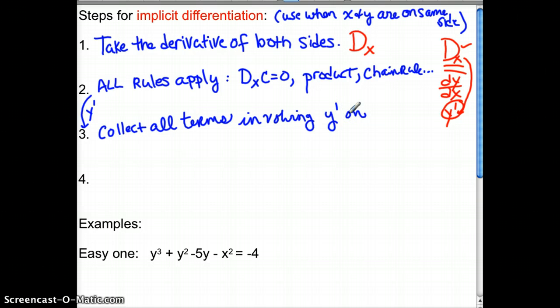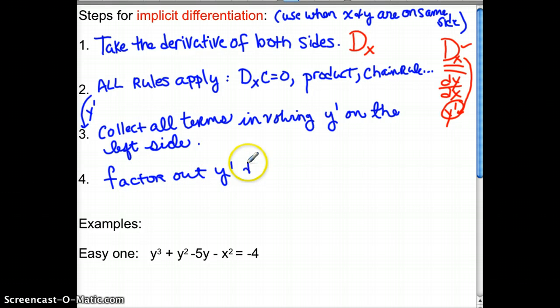I would tell you to do it on the left-hand side of the equation, just to have a system. And step 4, you're going to factor out y prime and solve.